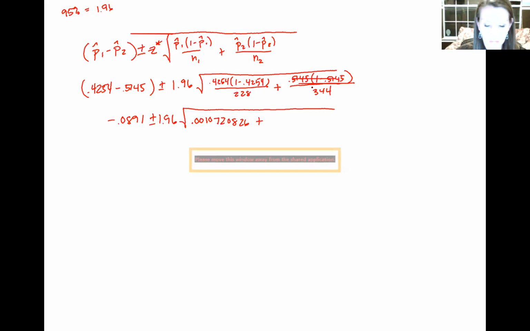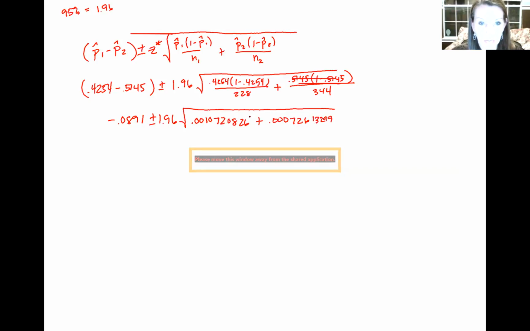Plus, I'm going to do the other portion here, so I have 0.5145 times 1 minus 0.5145 divided by 344, and I get 0.000726132299.